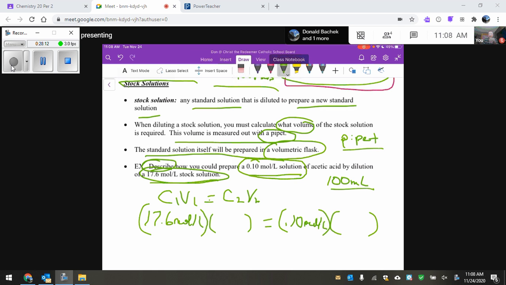So I'll ask you again, where do you think the 100 has to go? V1 or V2 are your 2 options. You have to end up with a standard solution. You put the 100 in what?